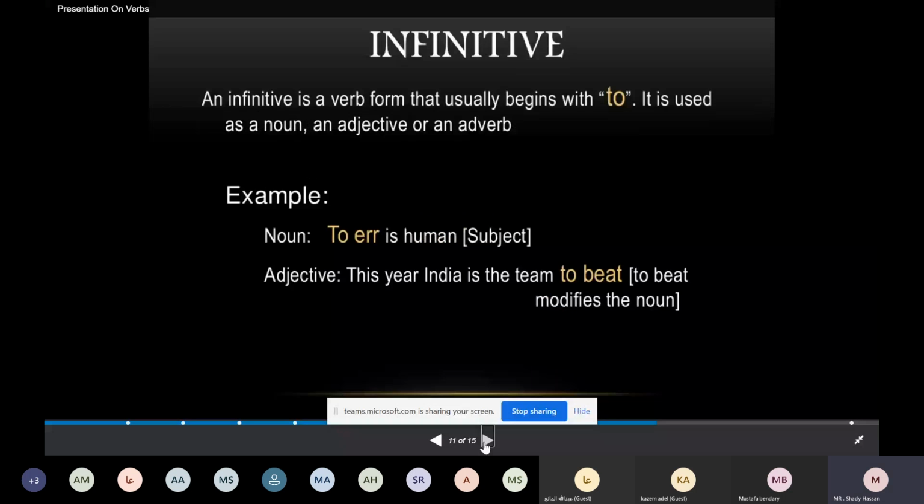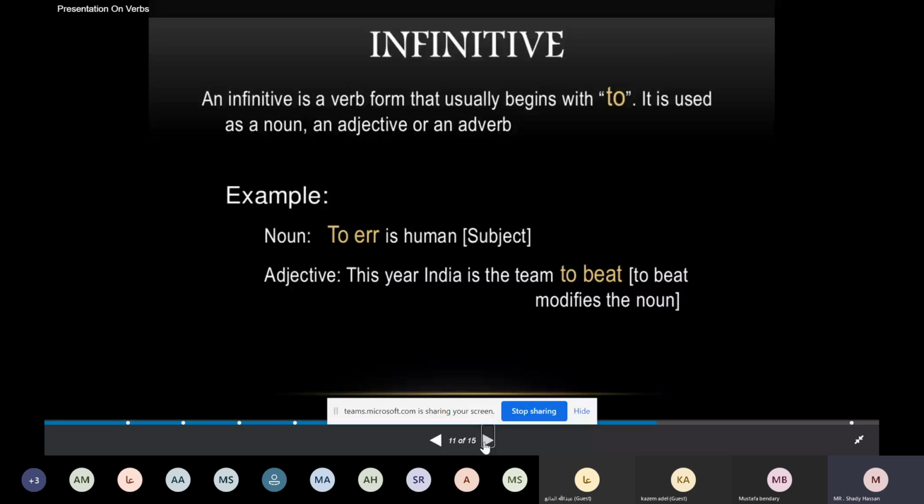To err is human. This is a wisdom. To err is human. So where is the verb in this sentence? We have no subject. Sorry. The verb in here is "is". But the subject is what? Do you know the subject of the sentence? To err is human. I think the verb is "is".